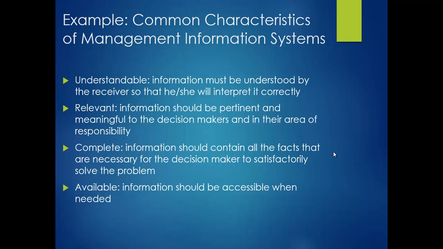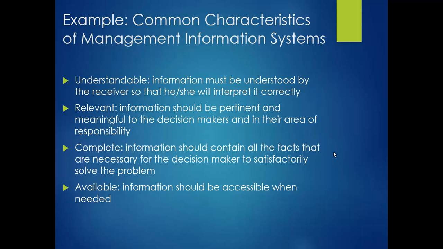It should be relevant, so information should be pertinent and meaningful to the decision makers and their area of responsibility. The information inside that system, the database that's being built, has to be understandable and relevant. Also, it has to be complete.